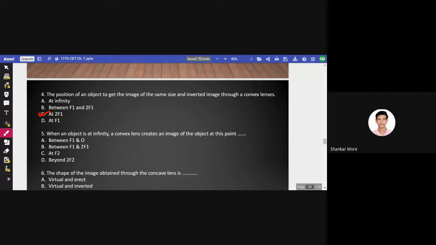Which point? अगर कोई ऑब्जेक्ट इंफिनिटी पे रखा है, सो कॉन्वेक्स लेंस उस ऑब्जेक्ट का जो इमेज है वो कहां पे फॉर्म करेगा? At f2, sorry, not 2f2, at f2. And what will be the nature of that image? इमेज का नेचर क्या होगा?